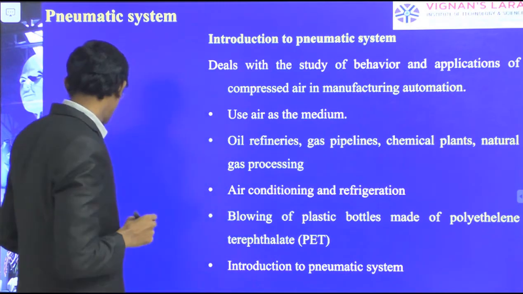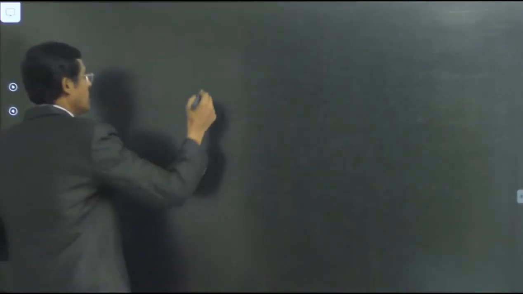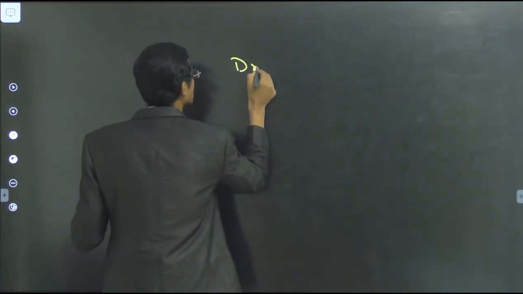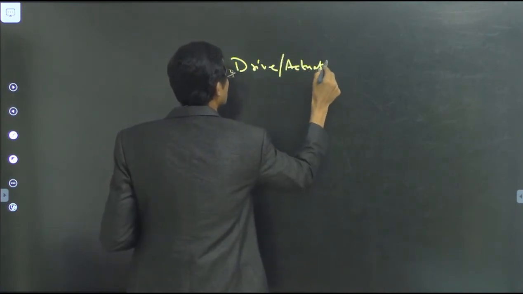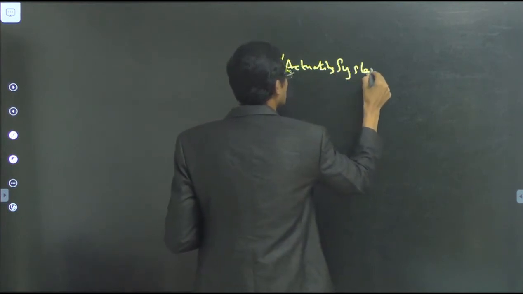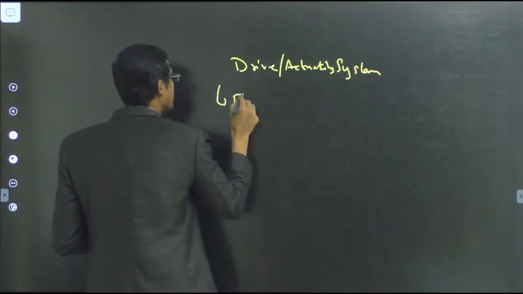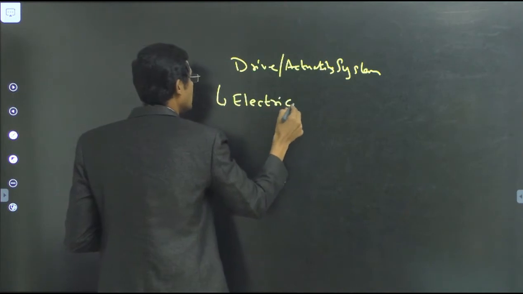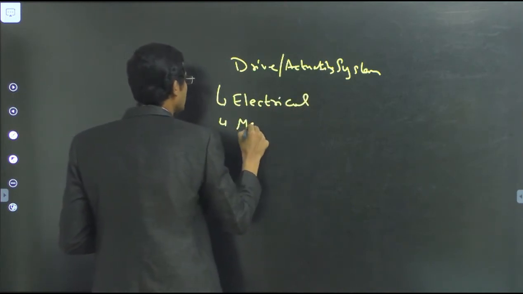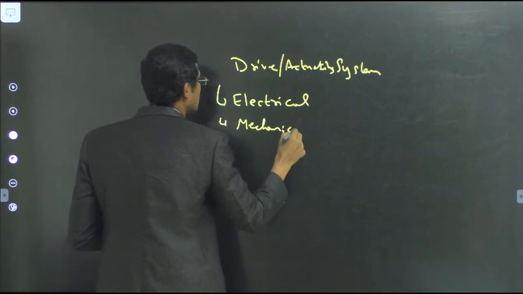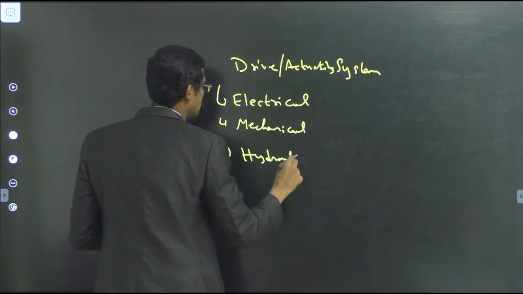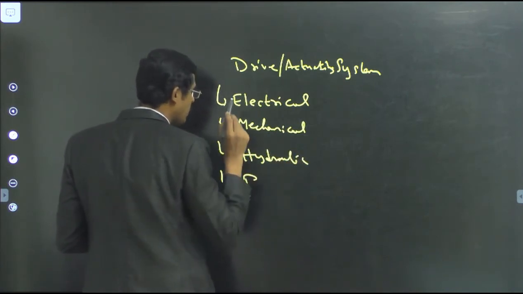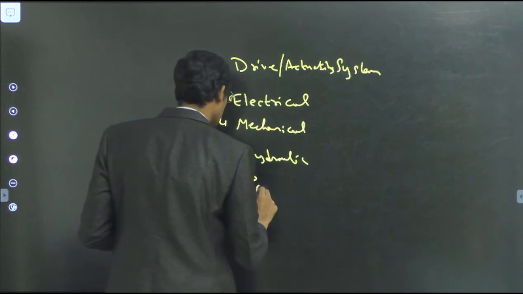We have seen in previous classes that the drive or actuating systems have been divided into electrical actuating, mechanical actuating, then hydraulic actuating, and now we are dividing into the pneumatic actuating systems.